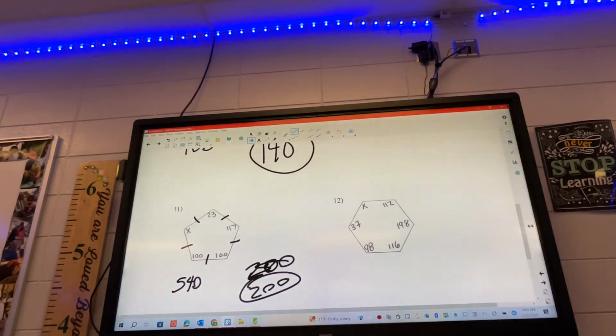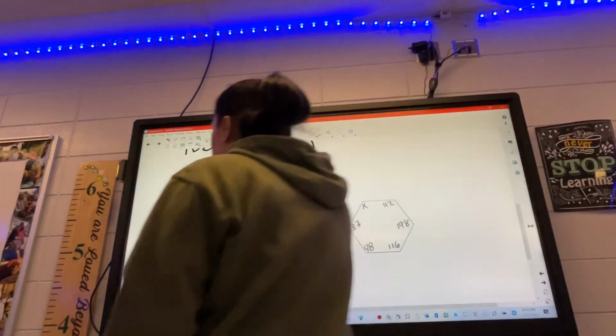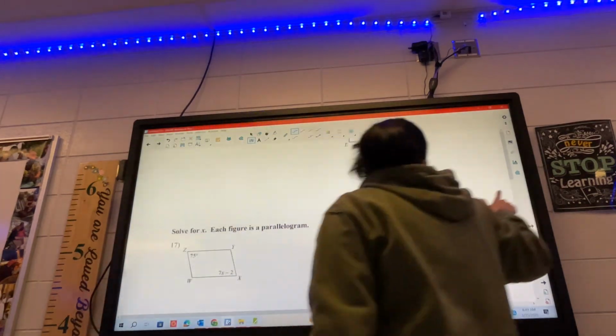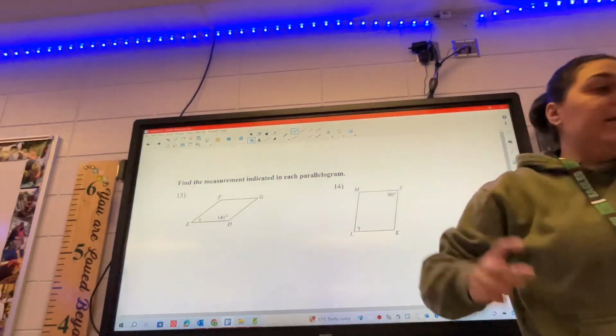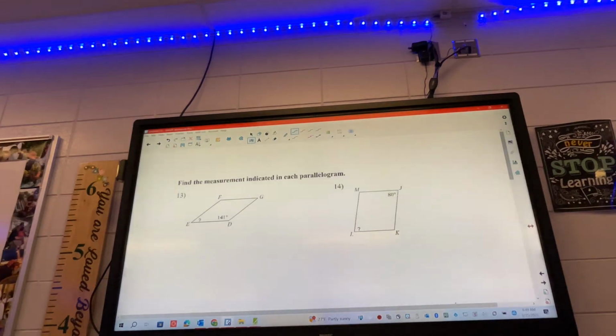Okay, 13. We start with the parallelograms. Okay, the insides of the parallelograms. Is that going to be same side or opposite corners? Same side, because they're across.